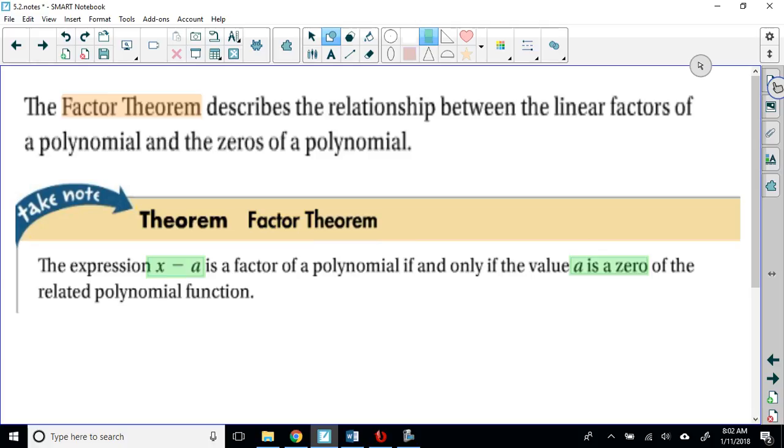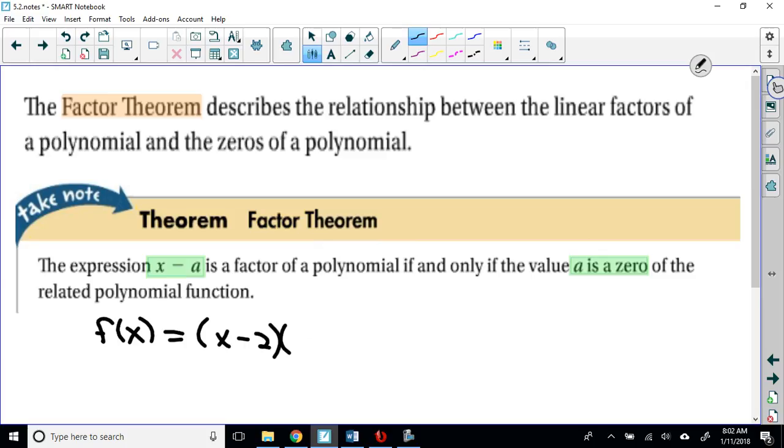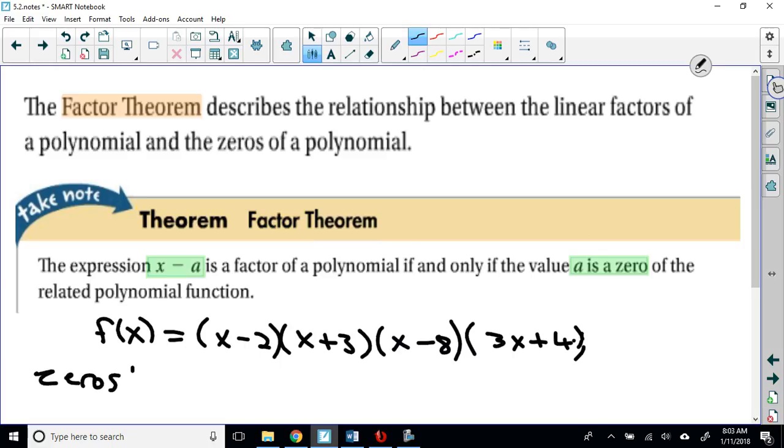Understand that if you have f of x equals x minus 2 times x plus 3 times x minus 8 times 3x plus 4, let's see if we can figure out the zeros of that function. I have a feeling we'll be good on most of them.